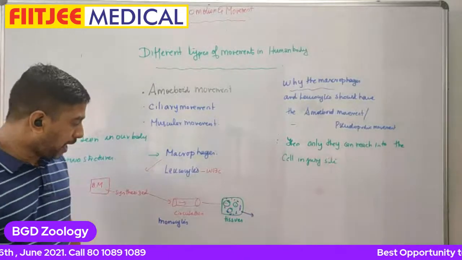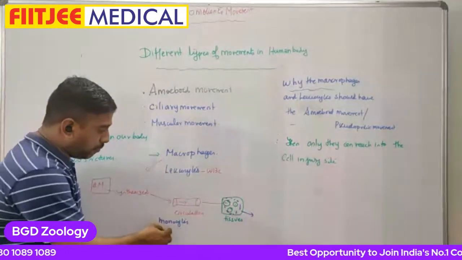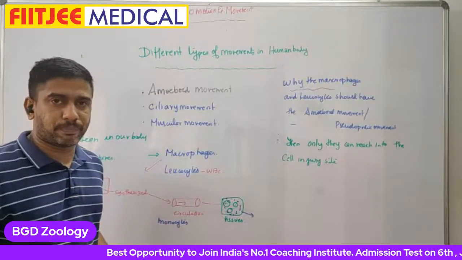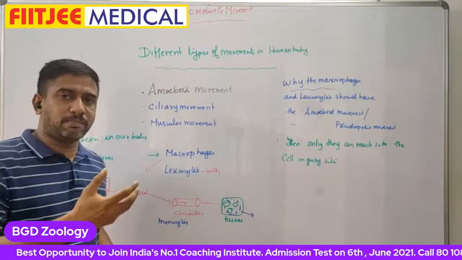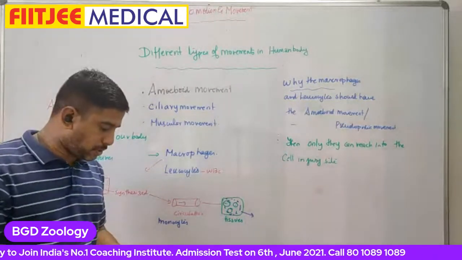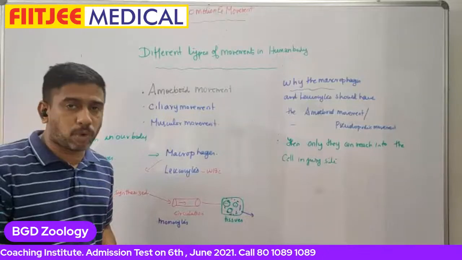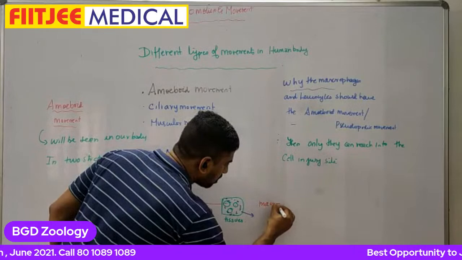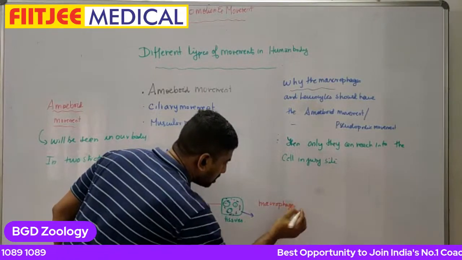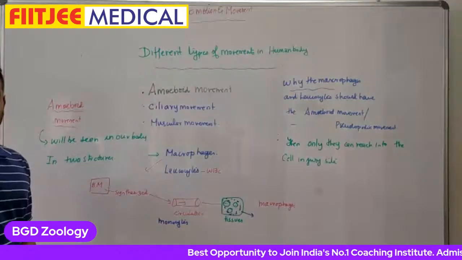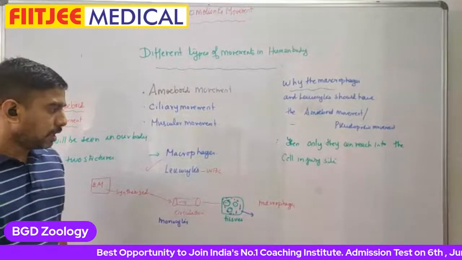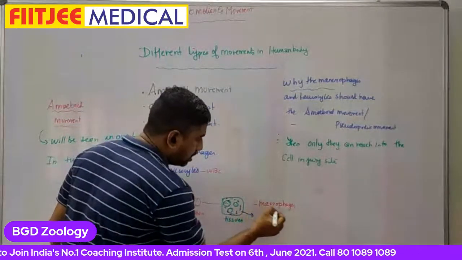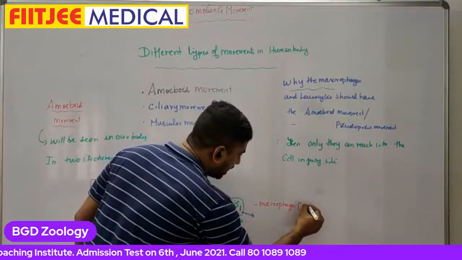But unlike to that, if the monocytes reach into the tissues, they will be there for some time. So when the monocyte enters into the tissues, we will no more call it as monocytes, we call it as macrophages. This is the concept behind the macrophages. Now, this macrophage, they have the good phagocytic action.